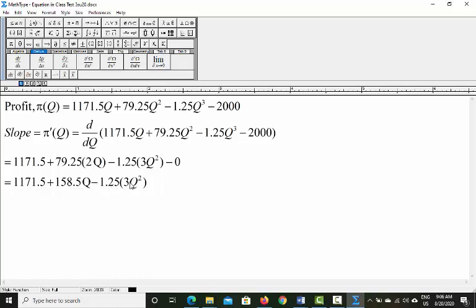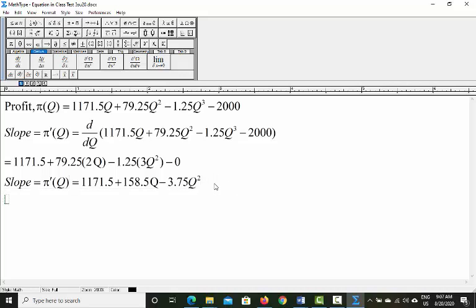And 3 into 1.25, we have 3.75, so 3.75 q square. So this is the slope of the profit function.